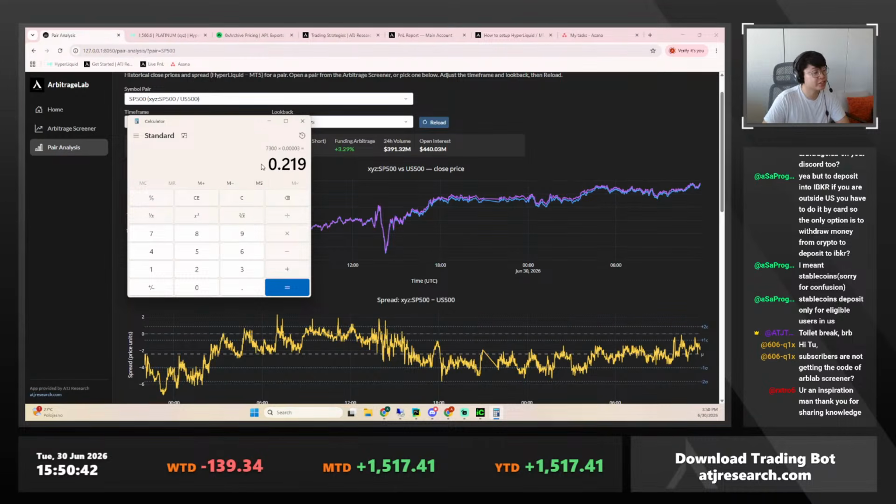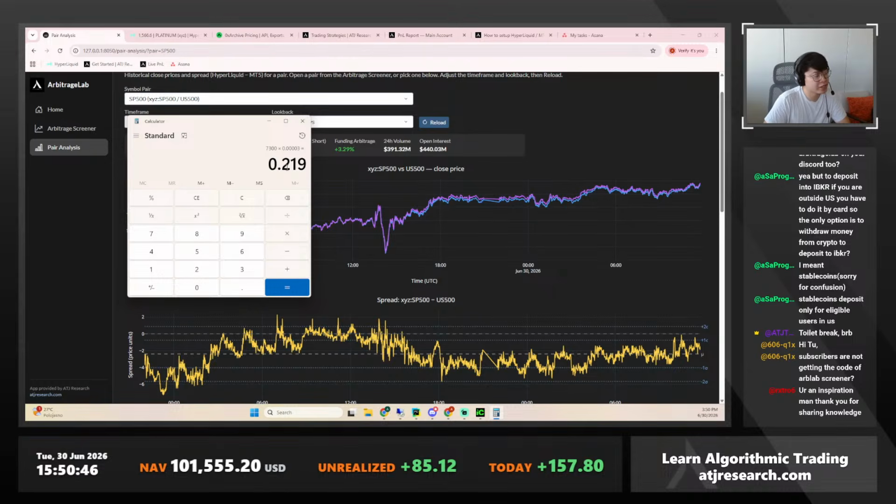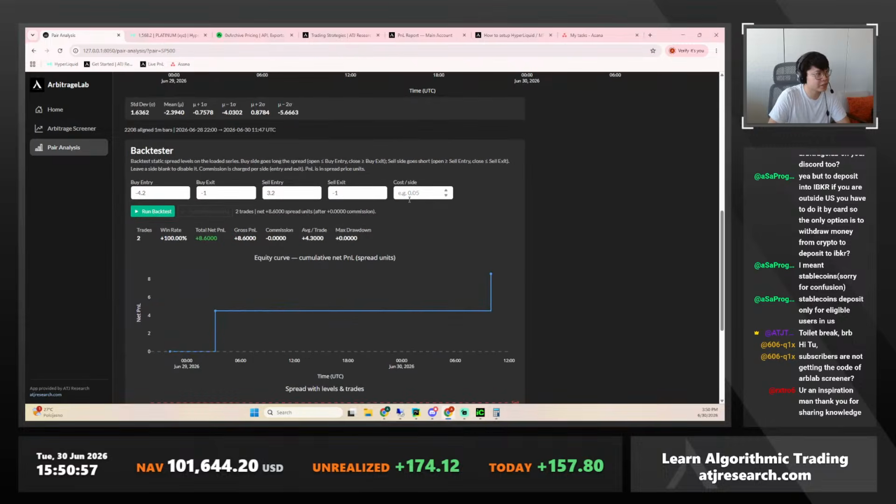But usually the spread is already priced into the fill itself. But I like to add it because I like to work with worst case scenarios. So we also add, let's say, plus 0.3. So here the cost per side would be 0.52. That is the cost per side.